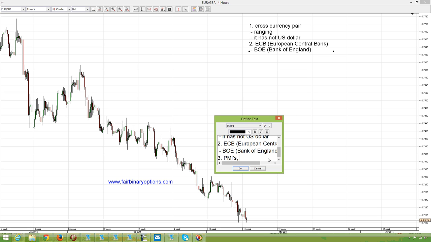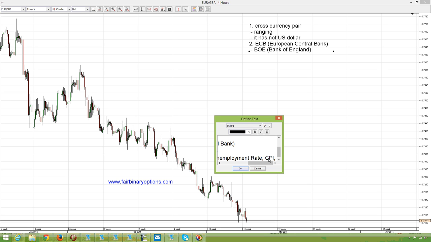We should look for the retail sales. We should look for jobs data or unemployment rate. And more important, the CPI or inflation, as this is what sets the pace of interest rates.